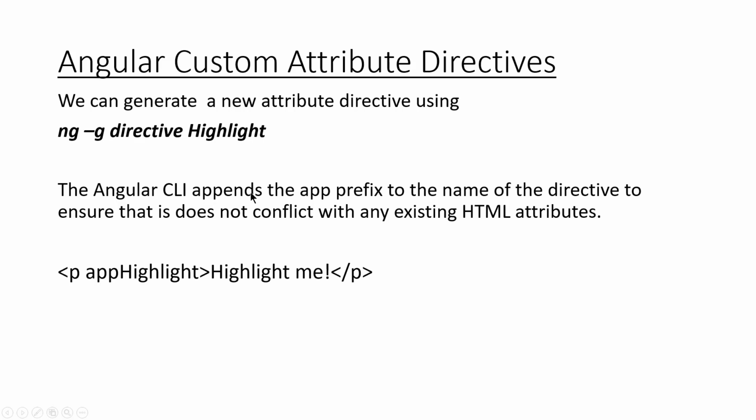The Angular CLI will append the app prefix, so we notice that we have app highlight here as the name of the directive. This is to ensure that we don't have any conflicts with any existing HTML attributes. We don't want to create an attribute that already exists or might exist in the future in the HTML language, so it automatically adds app to make sure it's in its own namespace and we can avoid conflicts.